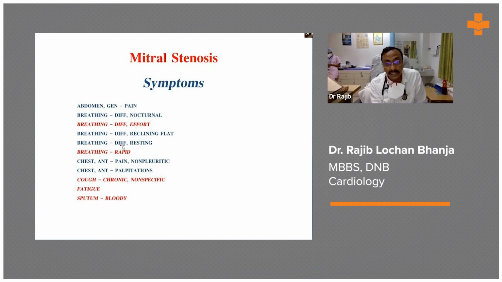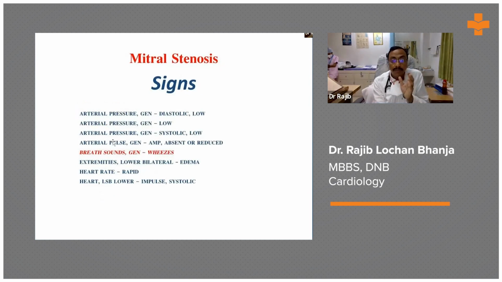Clinically, we have to look at the pulse, the JVP, the vessel crabs, and the heart sounds. The pulse may be irregular, absent, or reduced, with low systolic pressure, and sometimes peripheral edema and rapid heart rate.